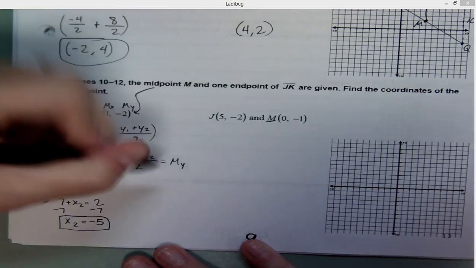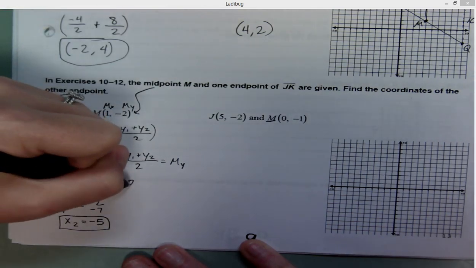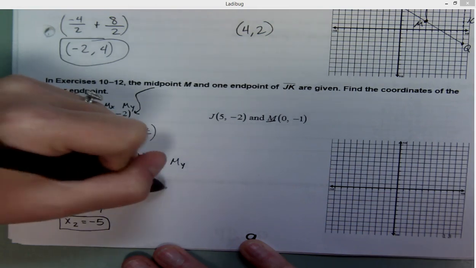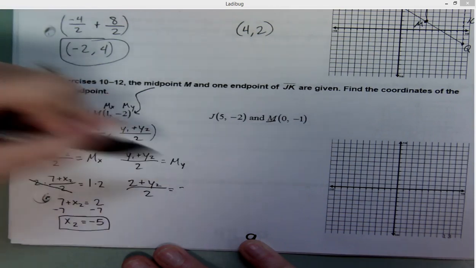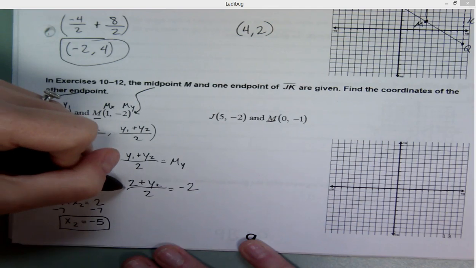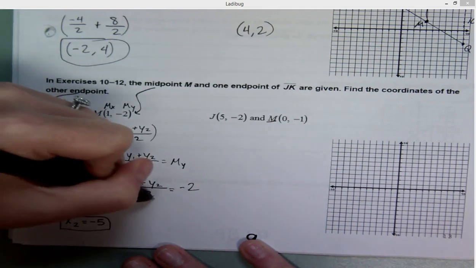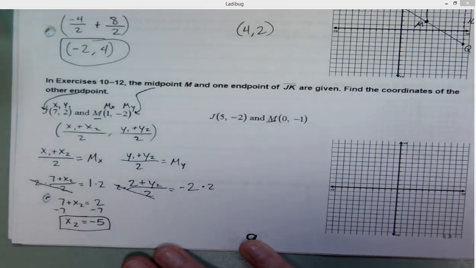Okay. Our y1 is 2. We don't know our y2, that's what we're looking for. And then our midpoint y value is -2. We want to multiply by 2 on both sides to cancel out that fraction.